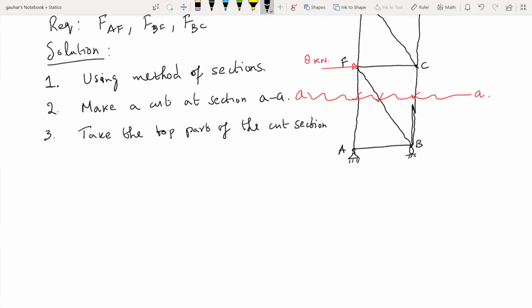Next thing, we do not need to find support reactions, again because we are analyzing the top portion, right?